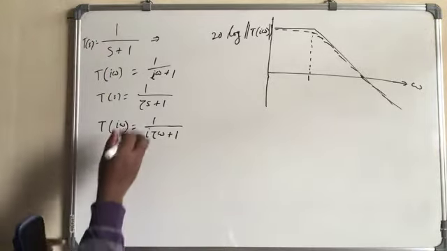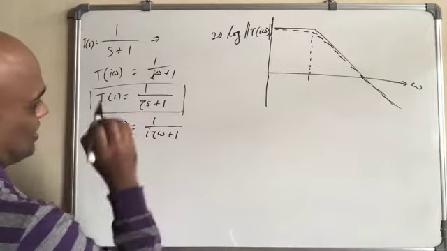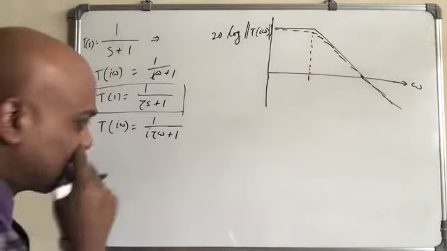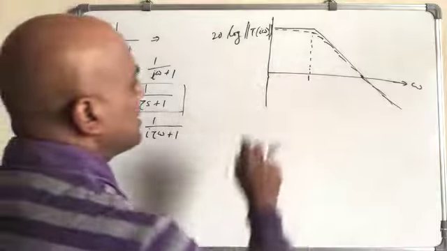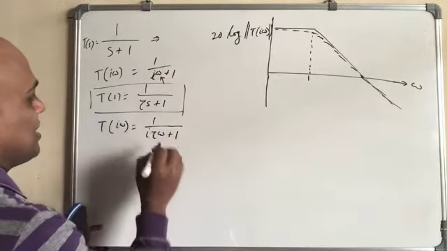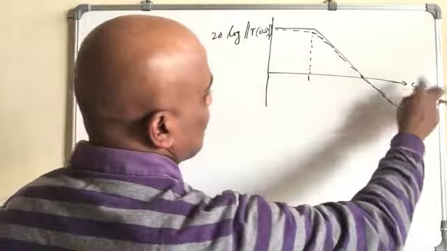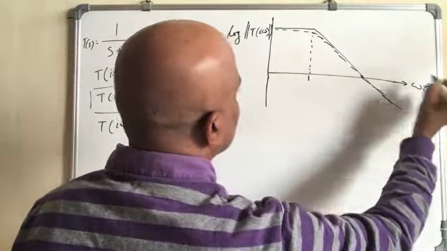Even if you take an example of a typical first order system whose transfer function is given like this one, the same thing can be used. Instead of only omega here, you have omega times tau as well, so you can replace omega with omega tau, that's it.